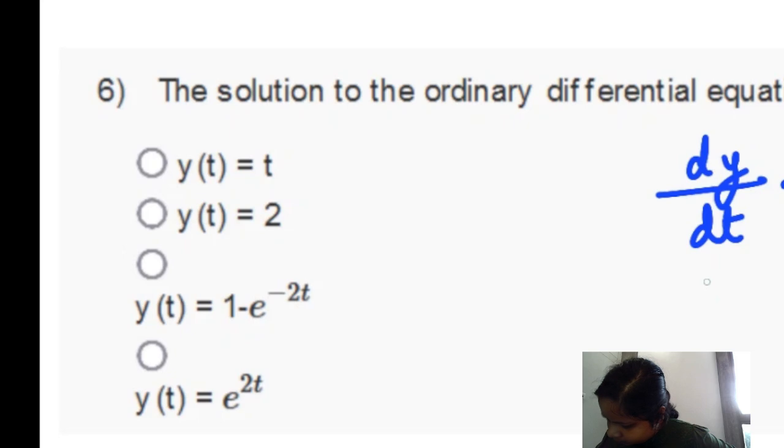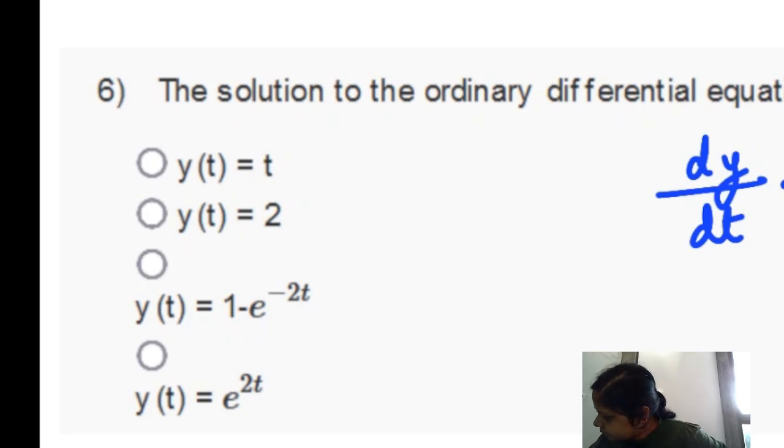Then you want to have some integrating factor. How does the integrating factor method work? It works like dy by dt plus, let's say you have some p into y(t) is equal to q. So what you really do is you find an integrating factor, and it is e to the power of whatever p is, integrated with respect to t.